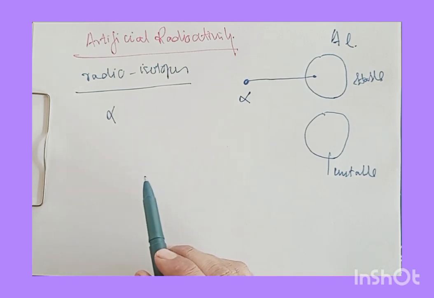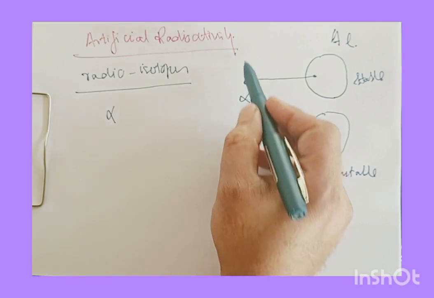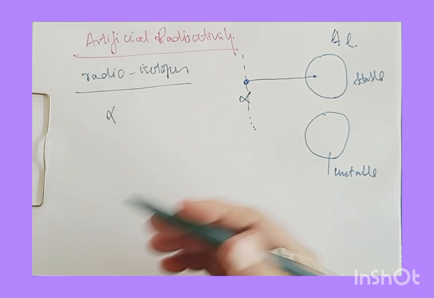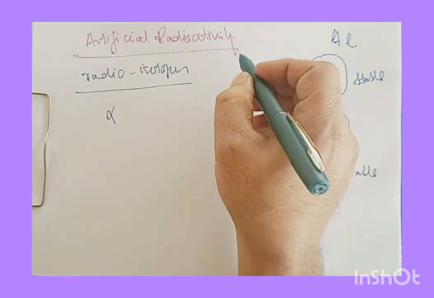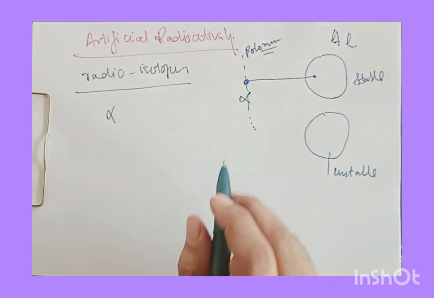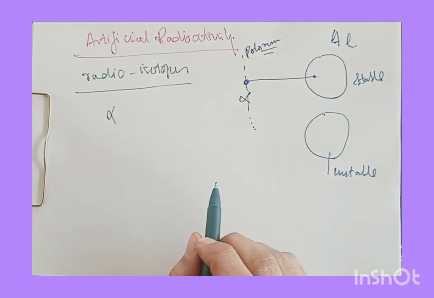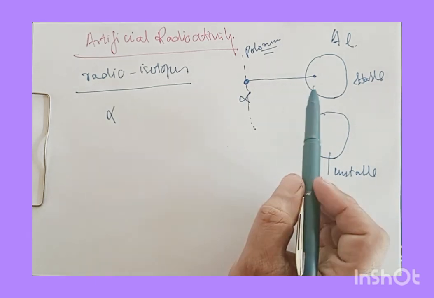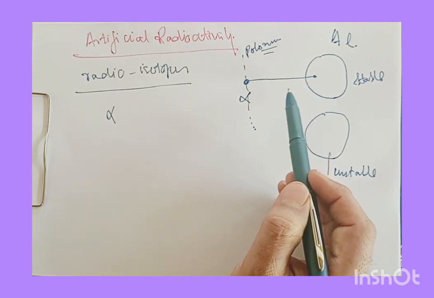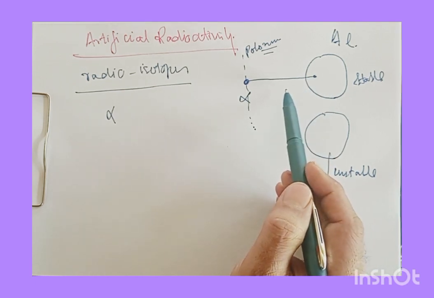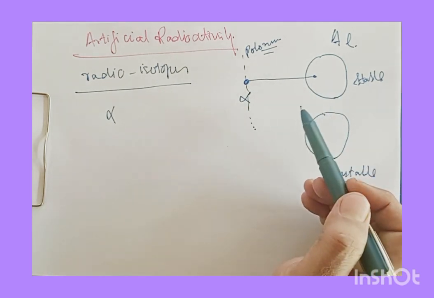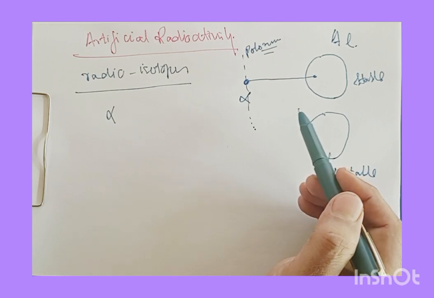This alpha particle is a product of some already existing unstable nucleus, say polonium. So we have aluminum bombarded with alpha particles emitted by polonium, and they observed neutrons, positrons and protons coming from that aluminum.